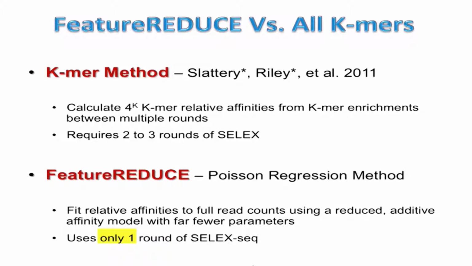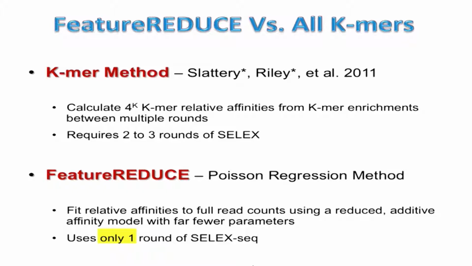So, here's what I'm showing. First, let's look at the left here. On the x-axis, these are our 12-mer relative affinity estimates using the Kamer method that we published in 2011. On the y-axis, these are relative affinity estimates using the new FeatureREDUCE Poisson model. So the y-axis estimates are twofold handicapped.